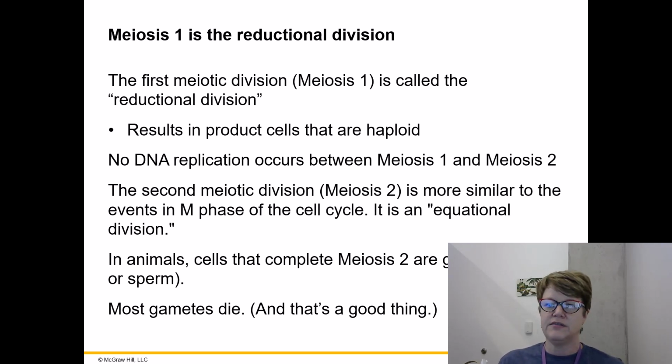If every gamete that was produced by humans, eggs and sperm, got fertilized, then think about the overpopulation of the earth. It's a good thing that gametes die, because we just couldn't manage with that many individuals. So meiosis happens, but then most gametes don't get fertilized.